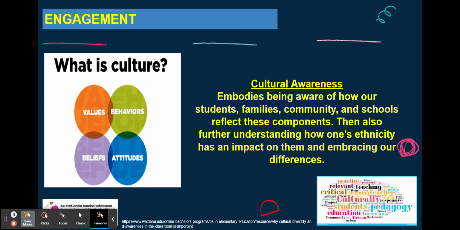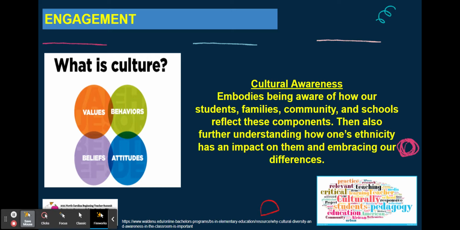And when we think about engagement, I want you to think of the word culture. Sometimes we affiliate culture with diversity, but there is a tone that we set, which is our school culture, and it's based off high values that are held in our school, or sometimes not so high values that are held, behaviors that are experienced, beliefs that our families and students embody, and then attitudes that we take with approaching various situations.